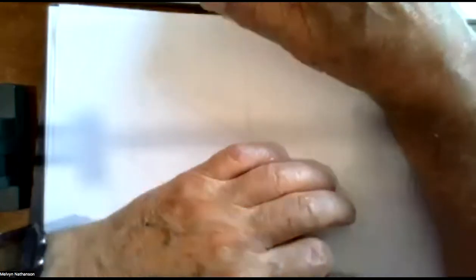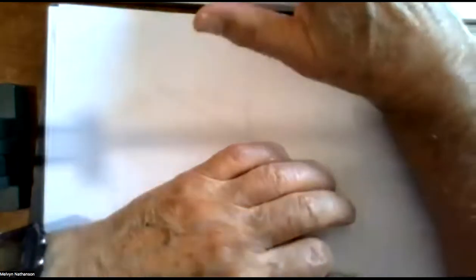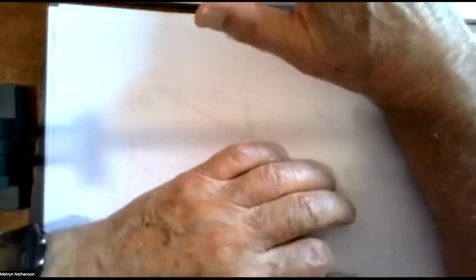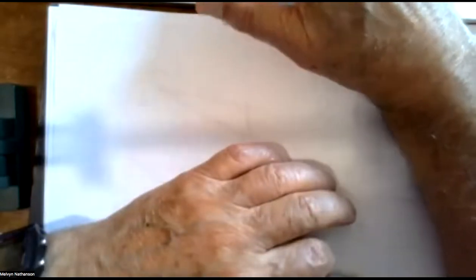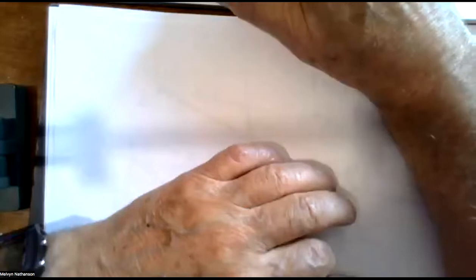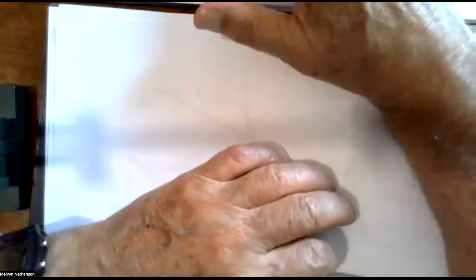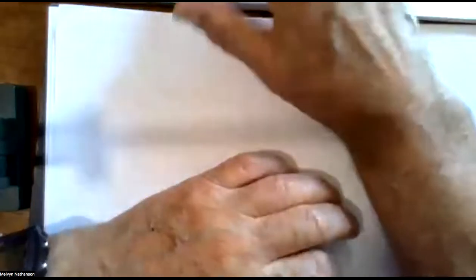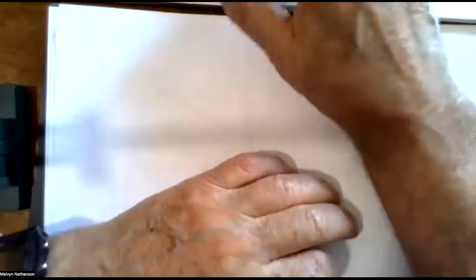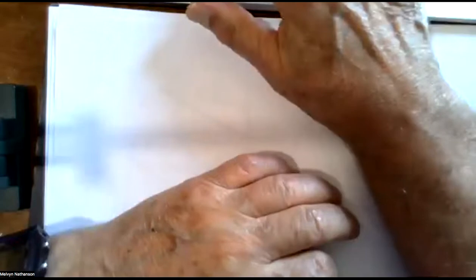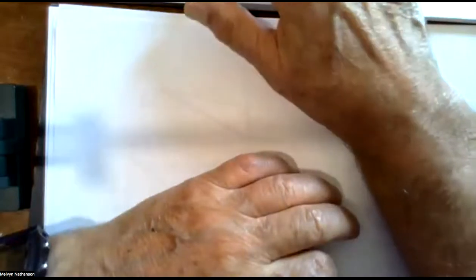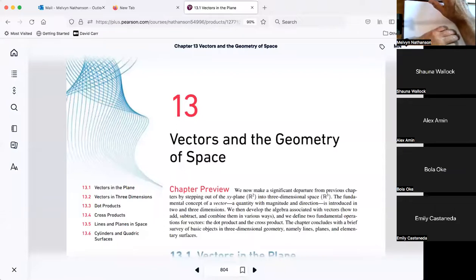Good. Okay, let me see if I can share the screen with this. Okay, so I hope you can all see the text.